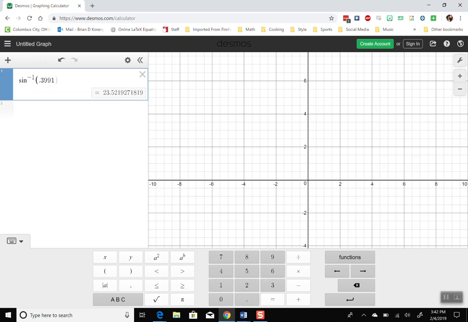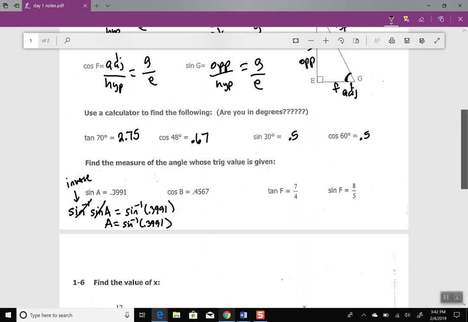That tells me that to have that relationship between the sides, the opposite side divided by the hypotenuse, whatever it is, like 4 divided by 7 or something like that, it must have been about a 23.52 degree angle. So 23.52 degrees is what angle A must have been to get this relationship with sine.